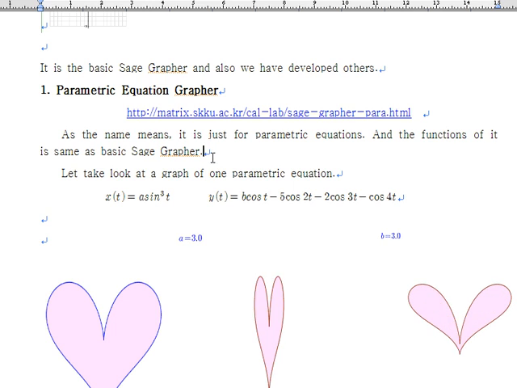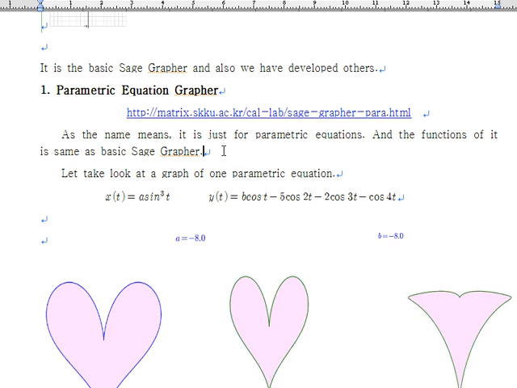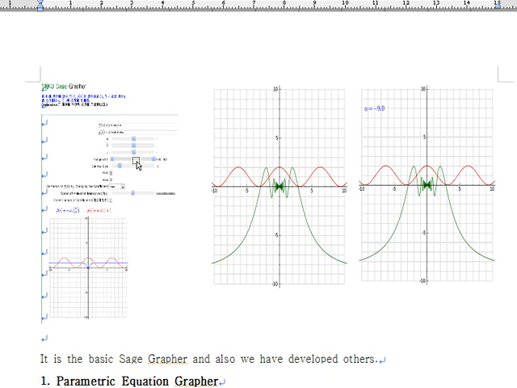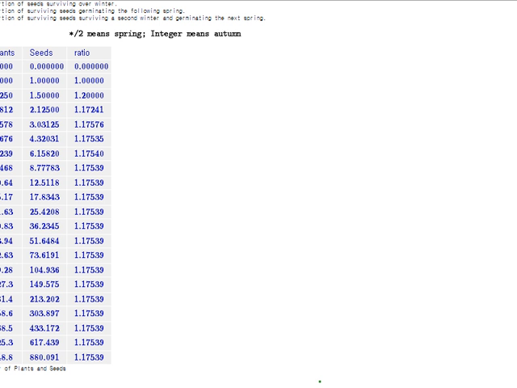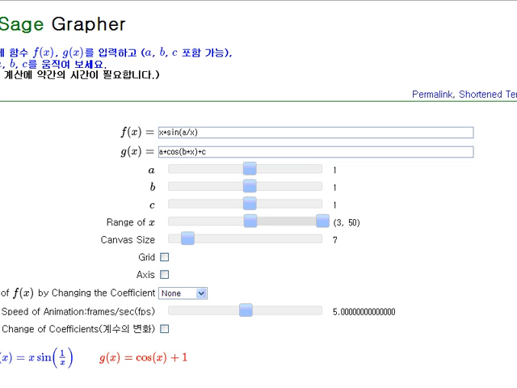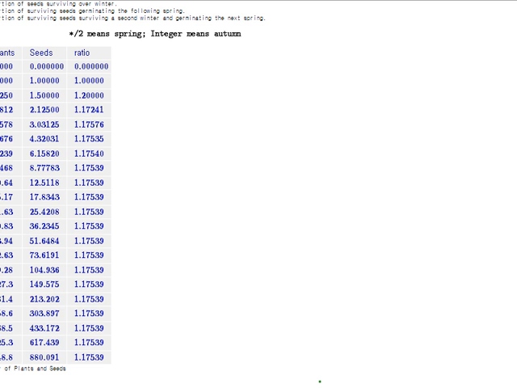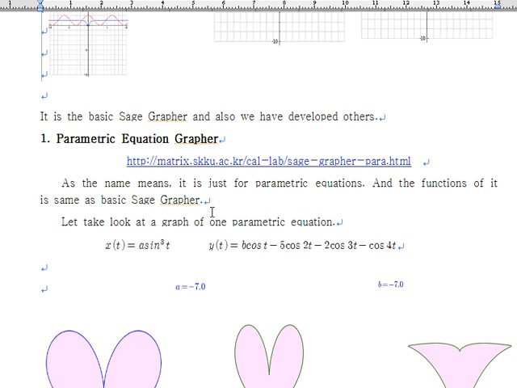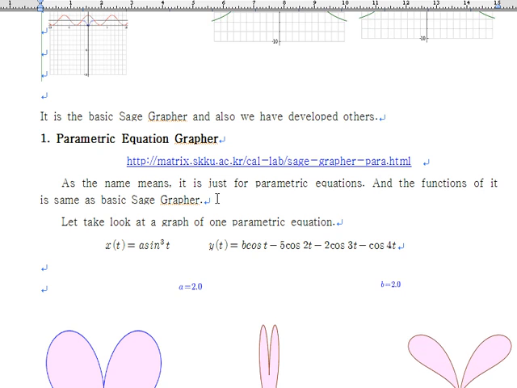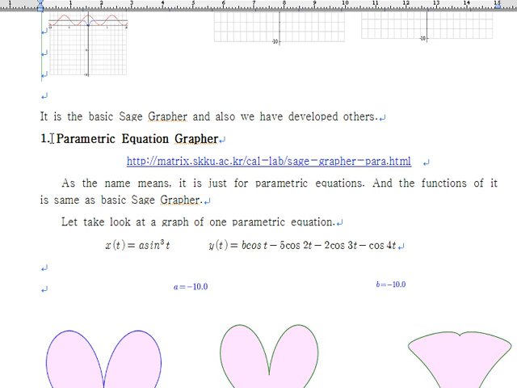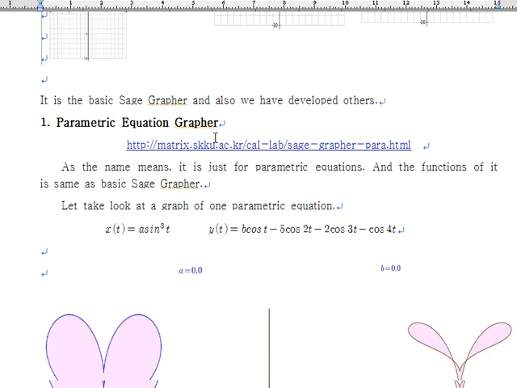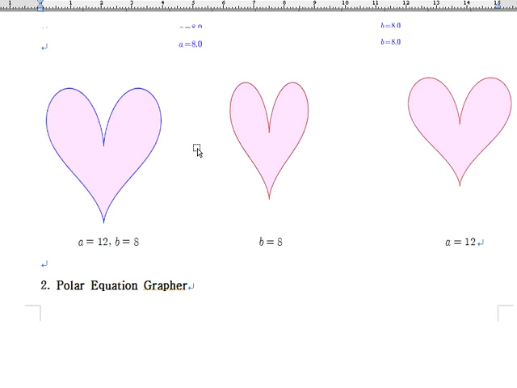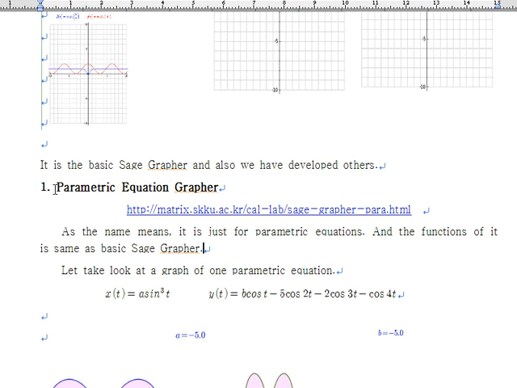We developed some graphs based on the basic Sage graph. To make graphing easier, we derived several other graphs.